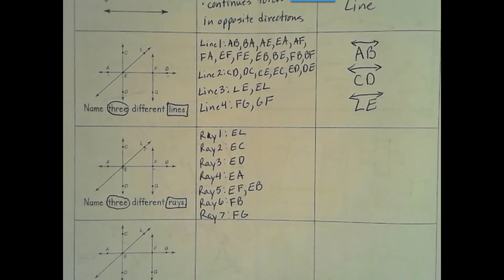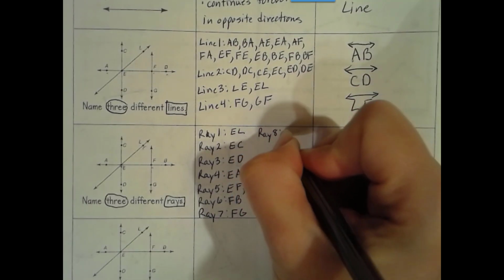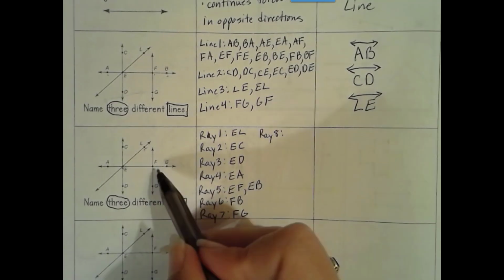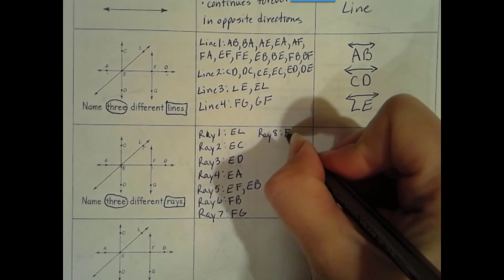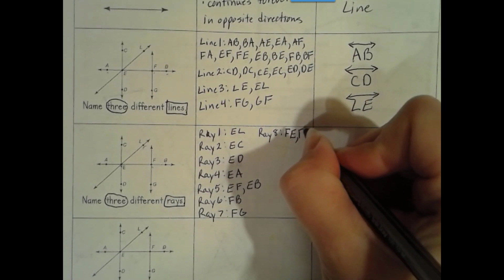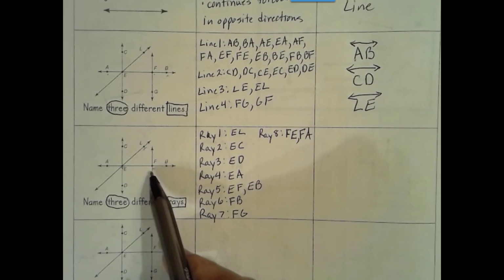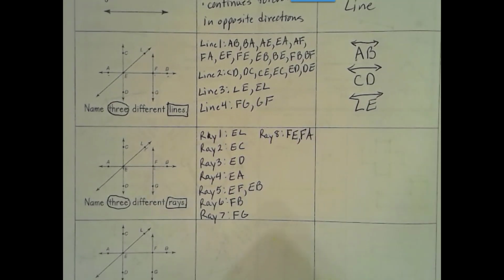The endpoint has to go first. I could have F be the endpoint going this direction, so I'd actually have two choices, FE or FA. No matter what, the endpoint has to go first.